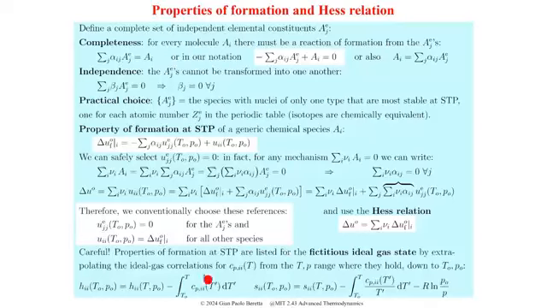In order to define this set, you need to request 2 conditions. The first is that every molecule must be constructible: you construct any chemical species, and you have to be able to construct it from these elemental species according to a chemical reaction of formation, which is this one.